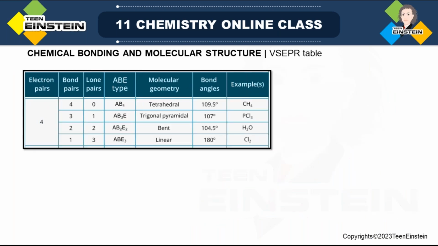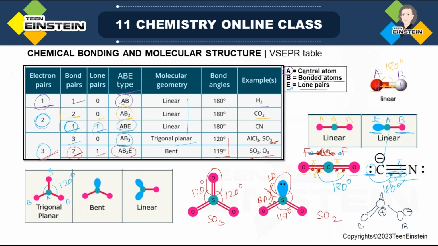After 3 electron pairs, next possibility we will see. Okay, one thing I would like to mention, that is not given in the table: suppose there are 3 electron pairs and this is the central atom, this is B, and another possibility may be A2E, that means the formula will now be ABE2.